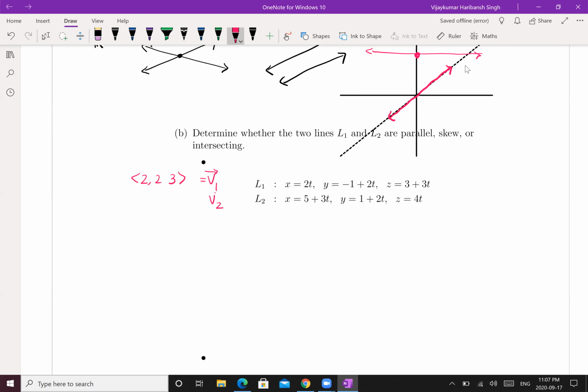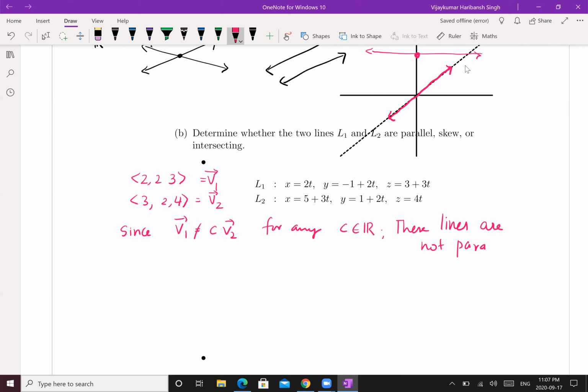V2, the direction of the second line, is (3, 2, 4). Since V1 is not equal to some constant c times V2 for any c in R, these lines are not parallel.